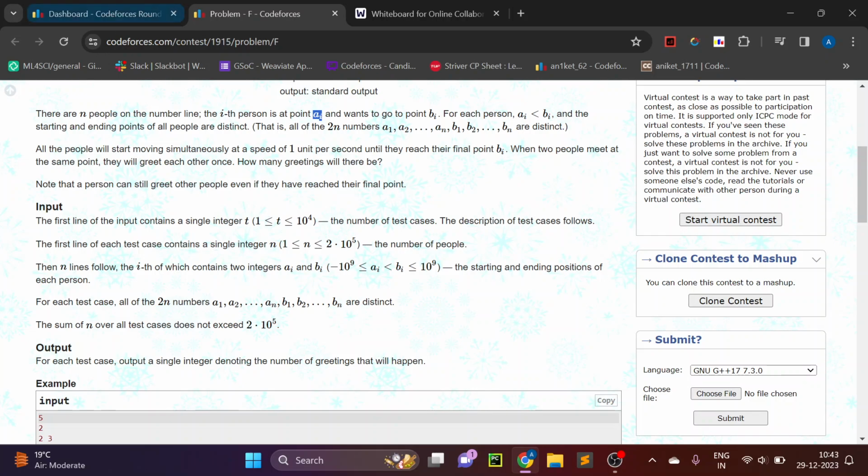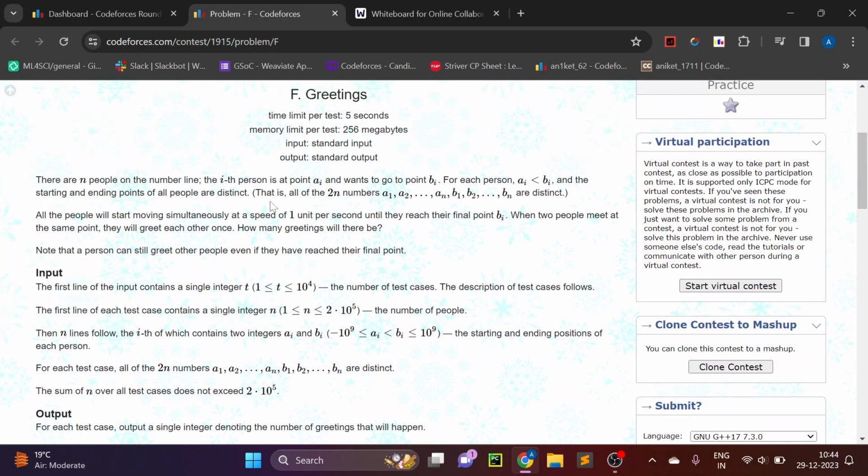When two people meet, they will greet each other, so we have to find the total number of greetings. A person can greet other people even if they have reached their final point.